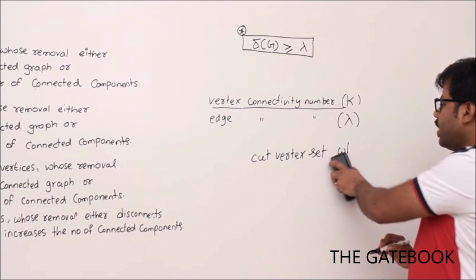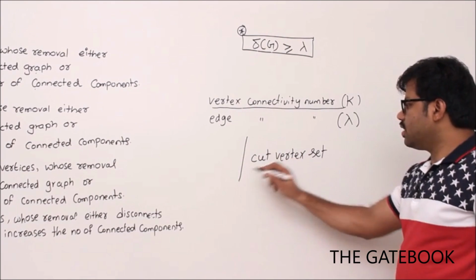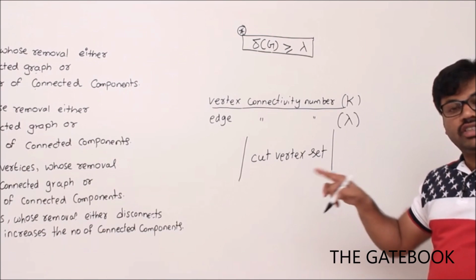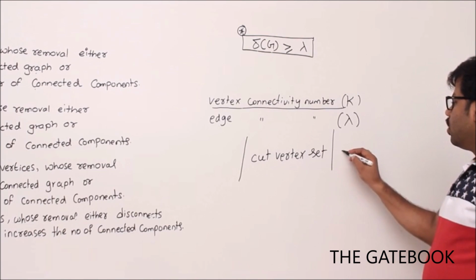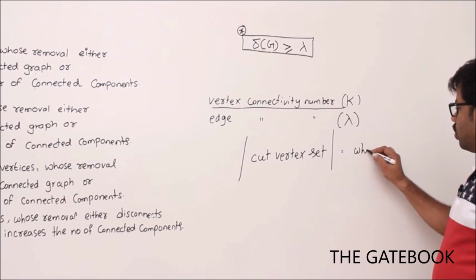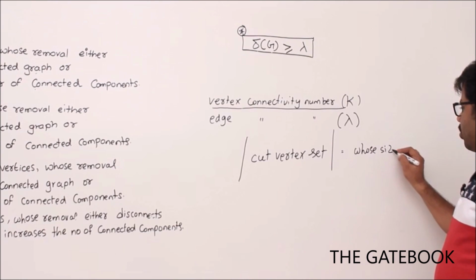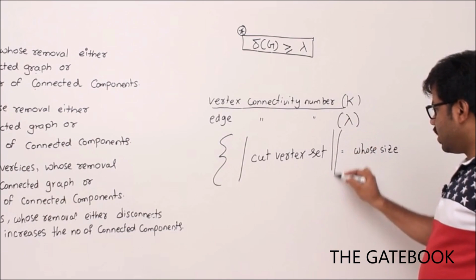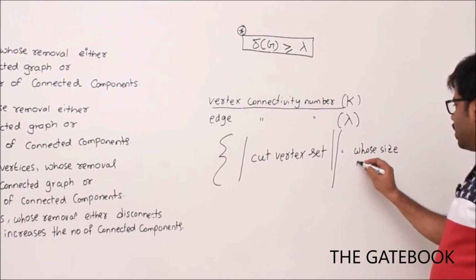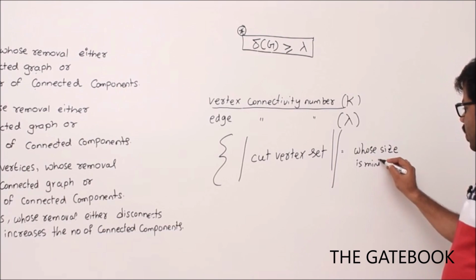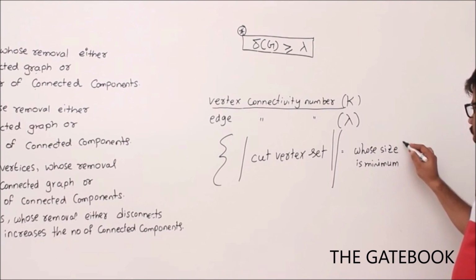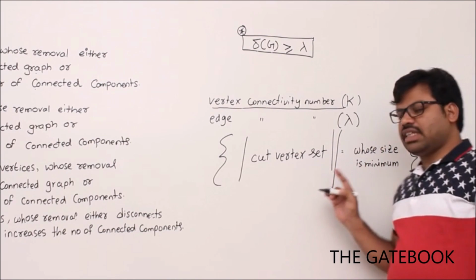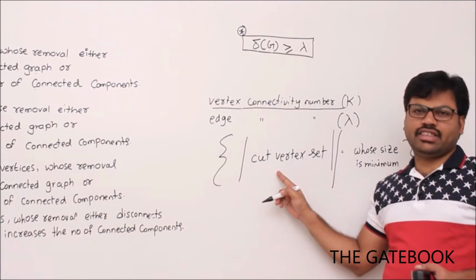So it's the size of the cut vertex set whose size is minimum.